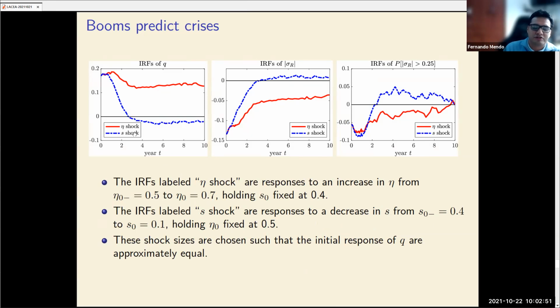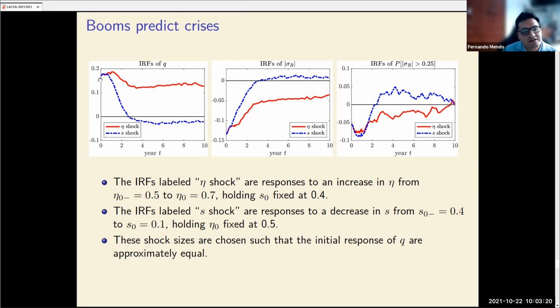We construct two different booms: one with high eta, so very well capitalized, with strong balance sheets, and the other with very good sentiment, meaning lowest S. We graph the difference with respect to the path that started at the same point.